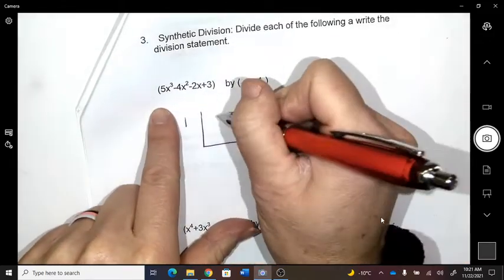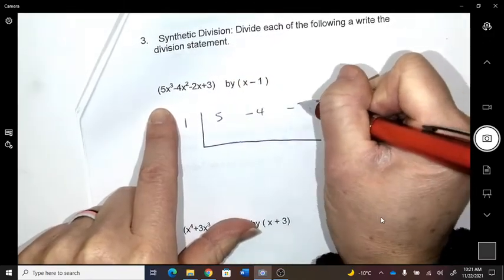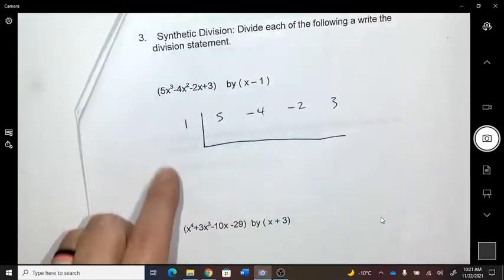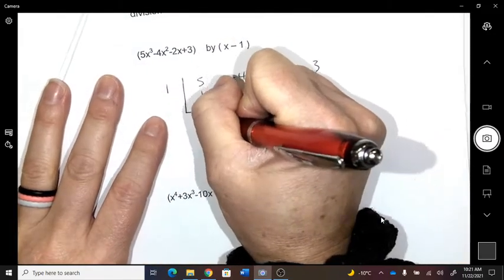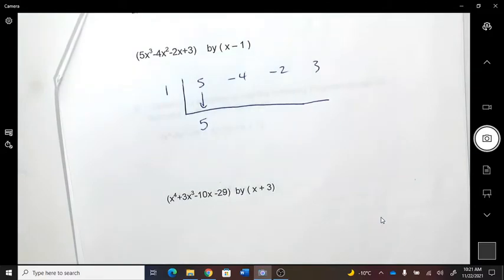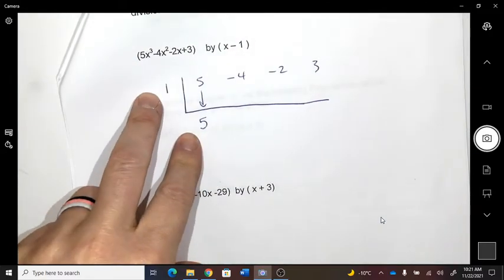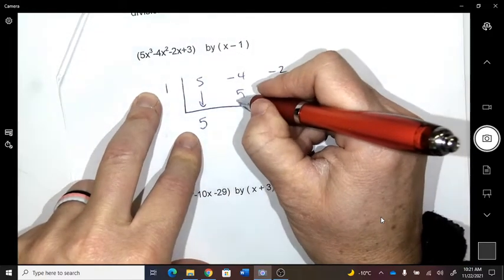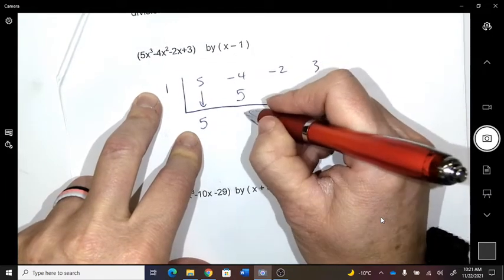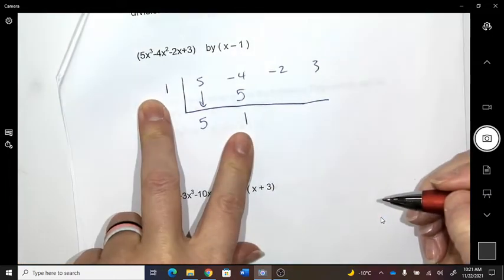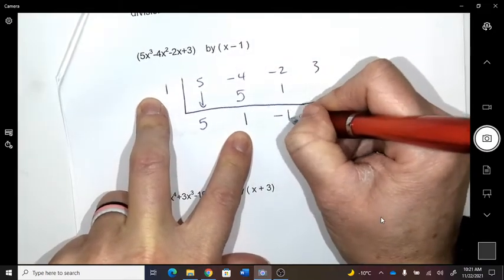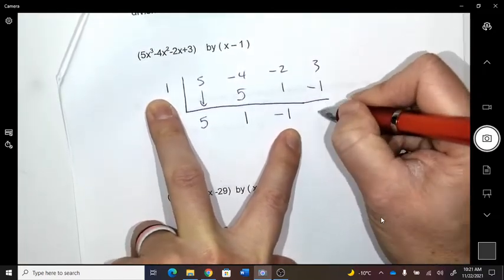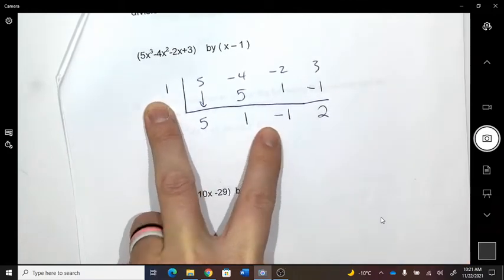It goes down. So 5, -4, -2, and 3. Okay, start by bringing the 5 down. Add, multiply, add, multiply, add.